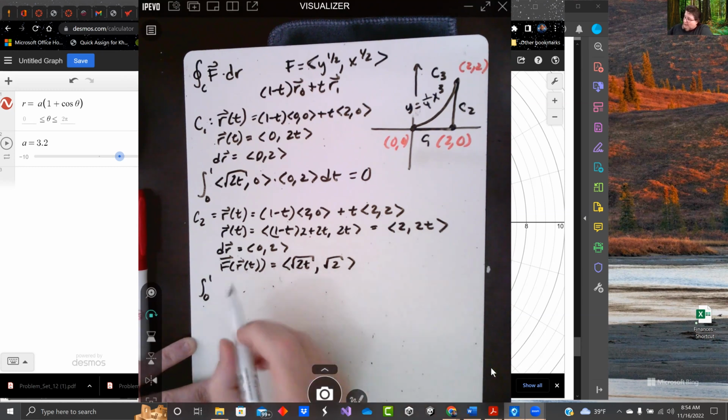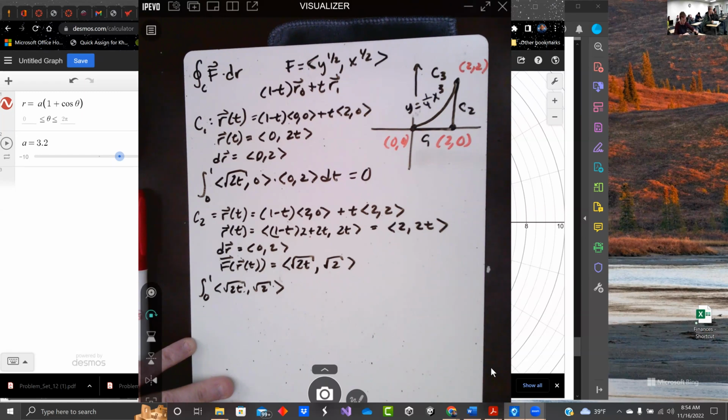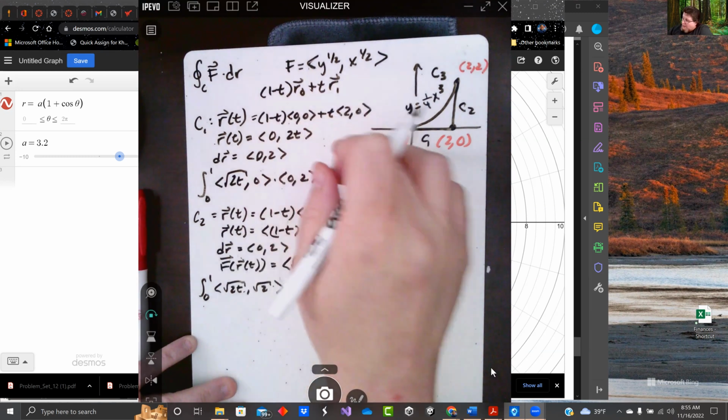We got 0 to 1, f dot dr. But you wrote, I was wondering if there was a step I missed. You wrote 0 to t, r(t) is equal to 0 to u, and before it looks like it should be 2t, 0, but it would still work out to 0 anyway. Did I put it in the wrong order?